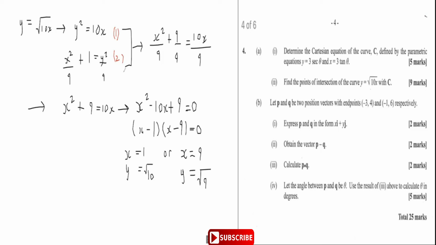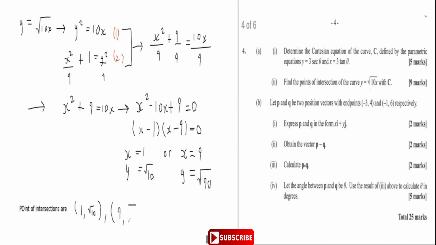You can make a concluding statement: the points of intersection are (1, square root of 10) and (9, square root of 90).